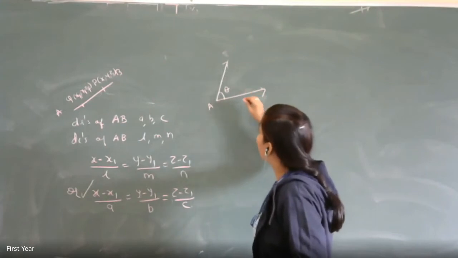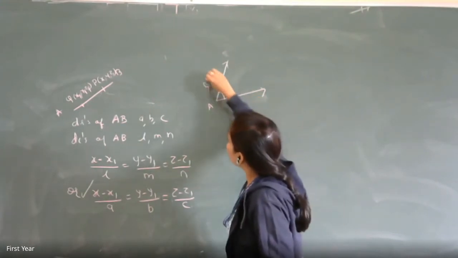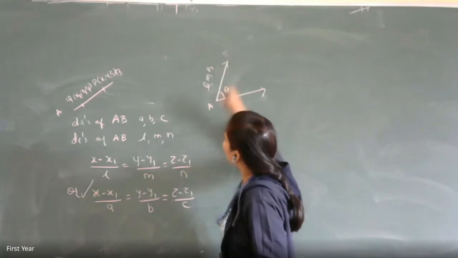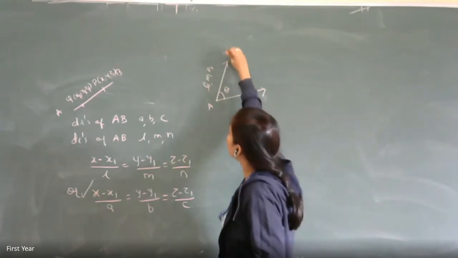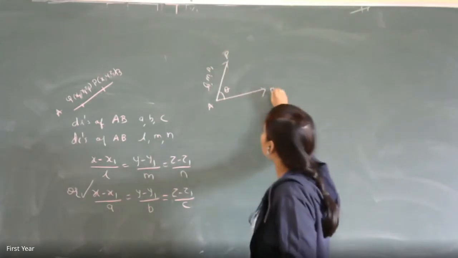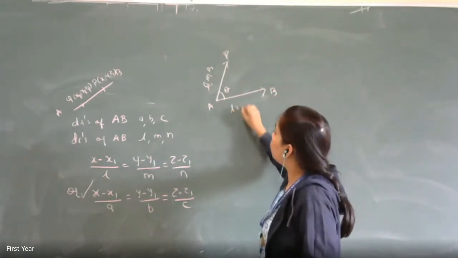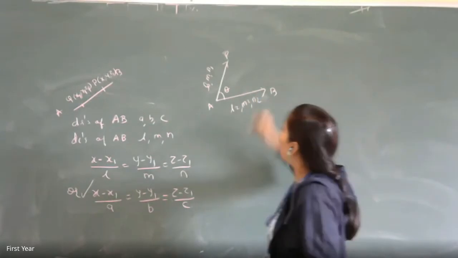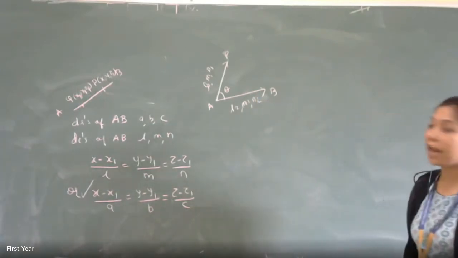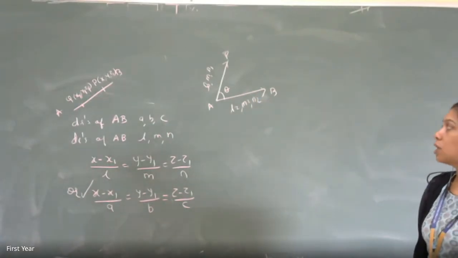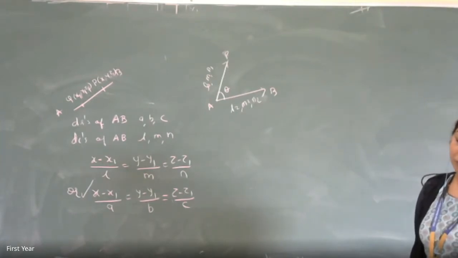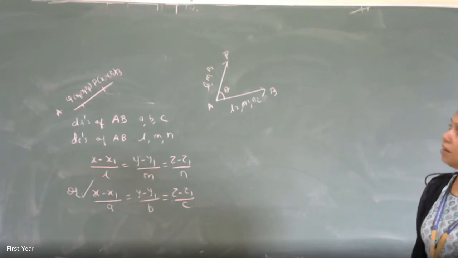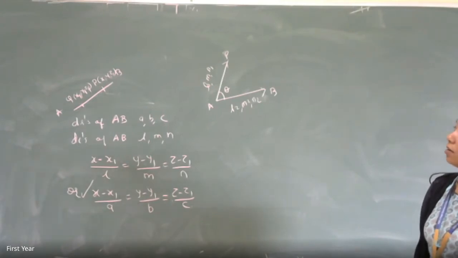We want to find this out. The direction cosines are given to you. l1, m1, n1 are the direction cosines of line AP, and l2, m2, n2 are the direction cosines of line AB. They also appear as vectors, line AP and line AB. You can treat them as vectors.